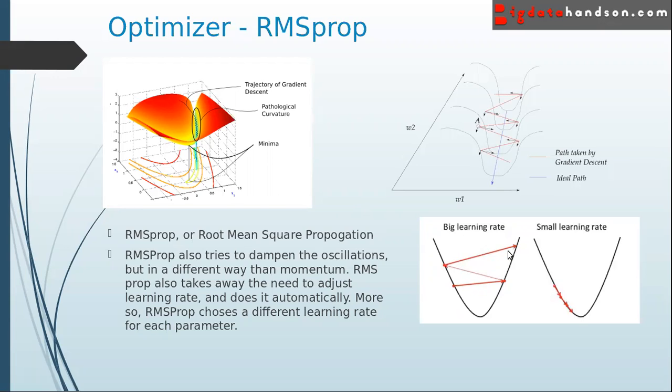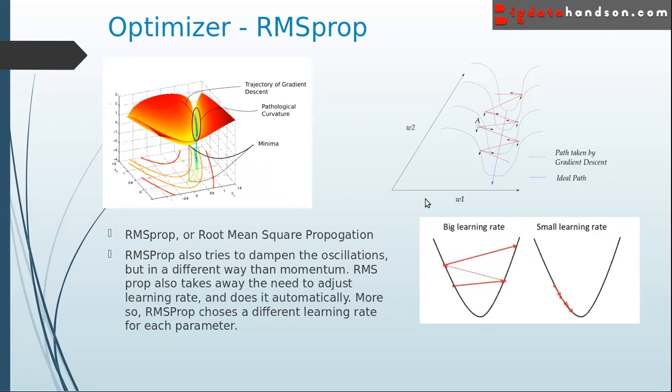If you have large values, it may miss the global minimum error, because it's just going across the parabola. So RMSprop is intelligent enough to reach the global minimum error.